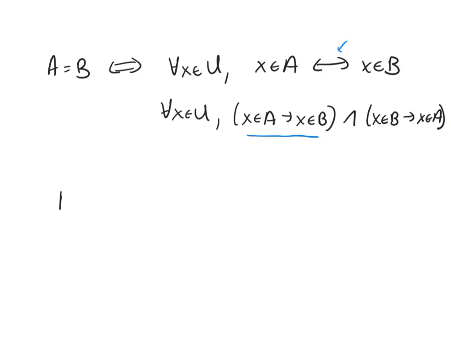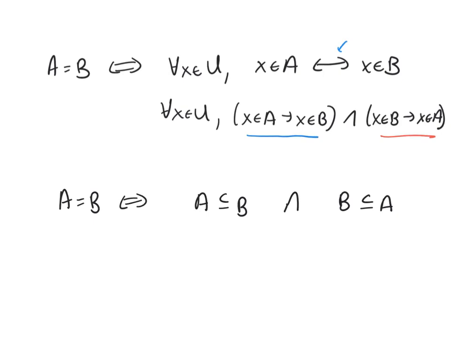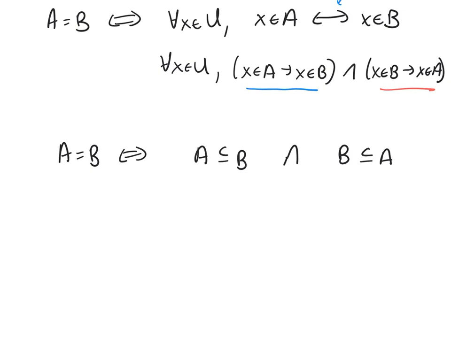So really, if A is equal to B, then this says that A is a subset of B, and this one over here says B is a subset of A. So if I want to show that two sets are equal, I have to show these two things as well. I have to show A is a subset of B and B is a subset of A.